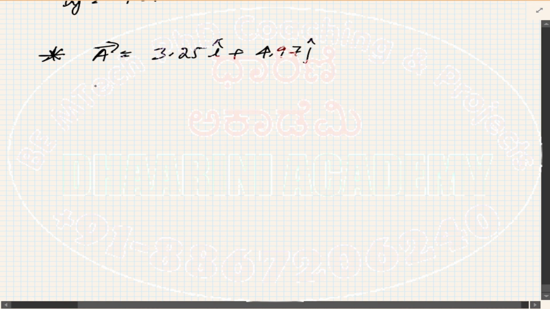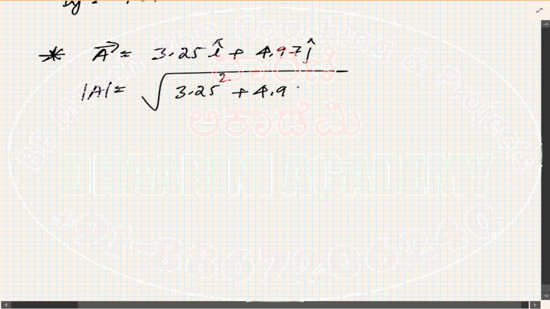How do you find the magnitude of this vector? It is simply the root of 3.25 square plus 4.97 square. Why? Let's draw the coordinates. This is x, this is y, and let us say they have given a vector in this format.